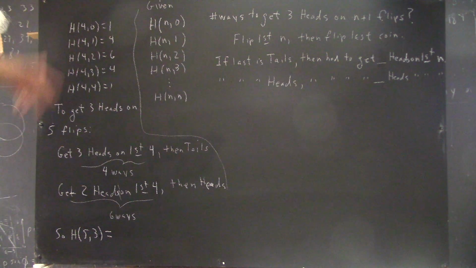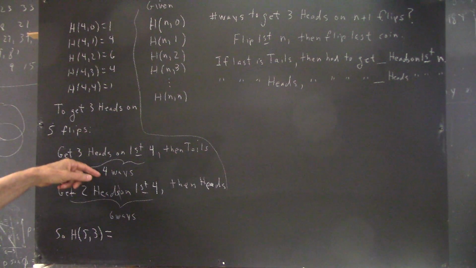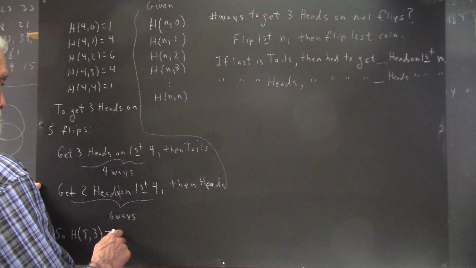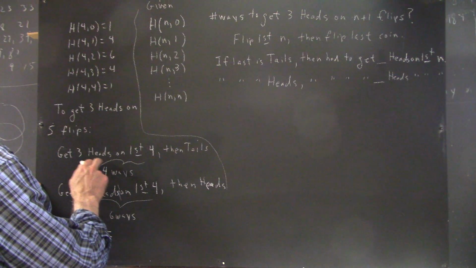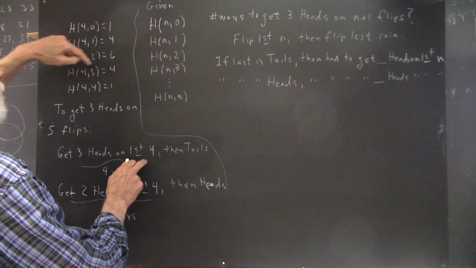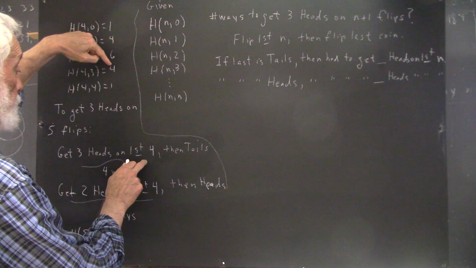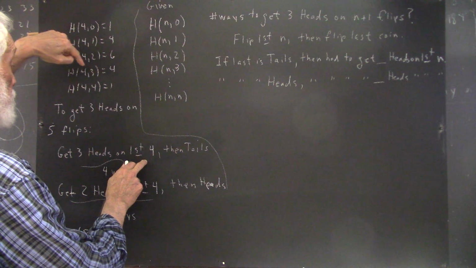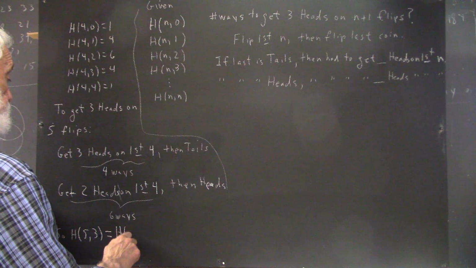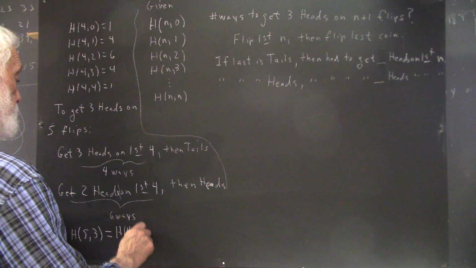In terms of these numbers, well, we could say 6 plus 4, but let's do it in terms of the h numbers. Well, the 4 ways you can get 3 heads on the first 4 flips are these. Okay, h of 4, 3 is 4, means there are 4 ways to get 3 heads on 4 flips. So that's h of 4, 3.